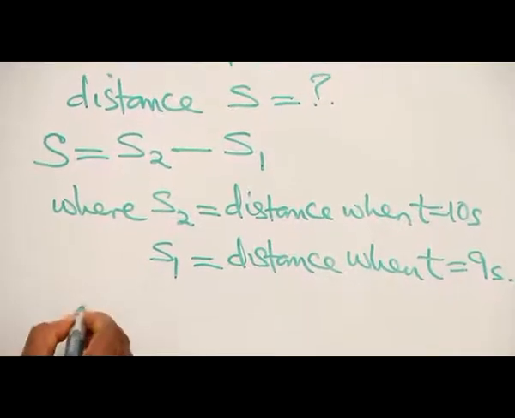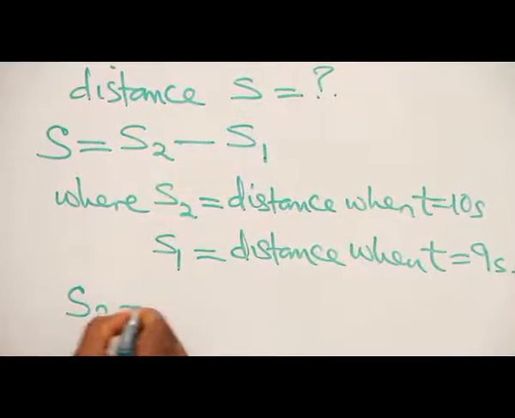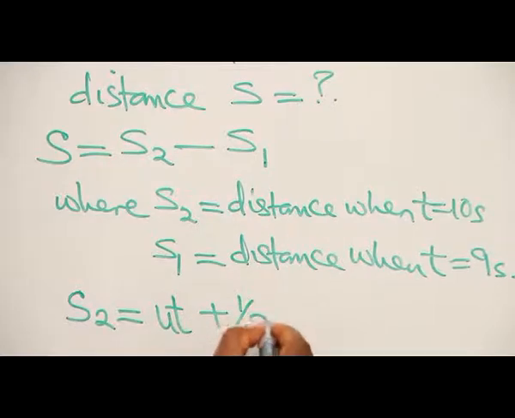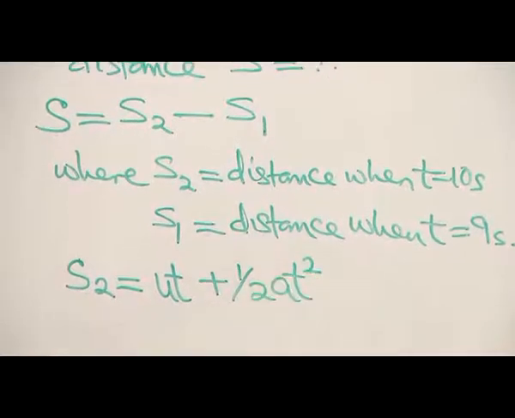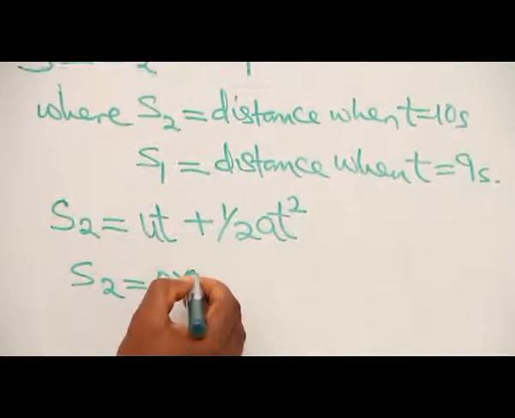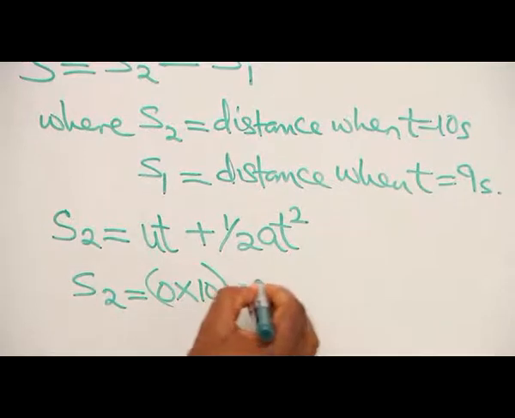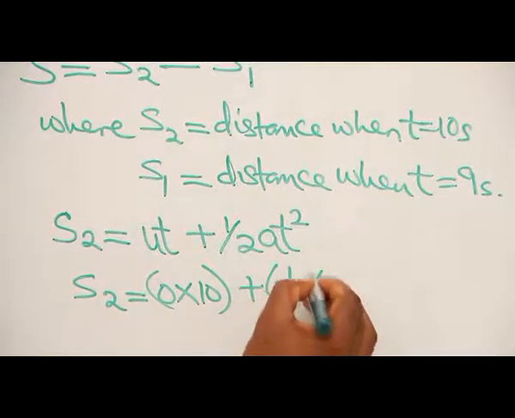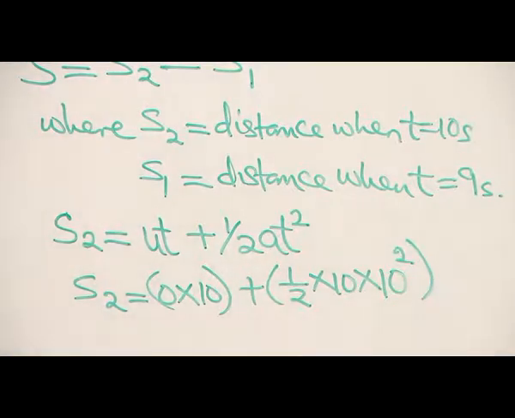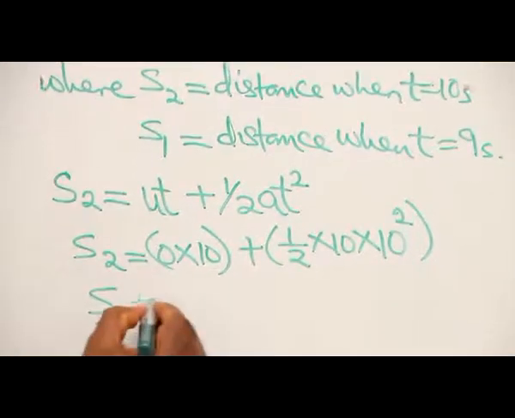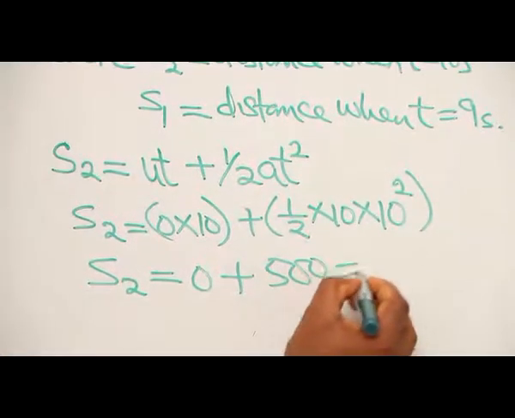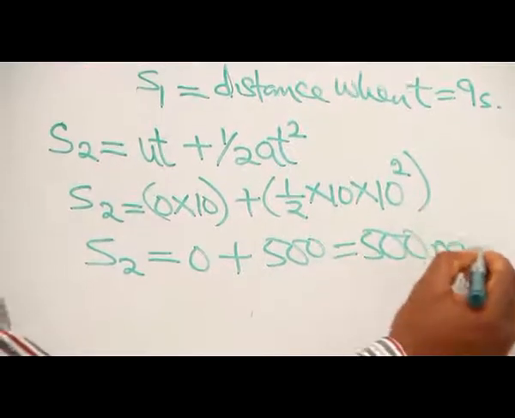First we take S2. S2 is obtained using ut plus half of at squared. S2 is equal to 0 times the time, which is 10 seconds, plus half of acceleration times time squared. The time is 10 seconds. So S2 will give me 0 plus 500, which is 500 meters.